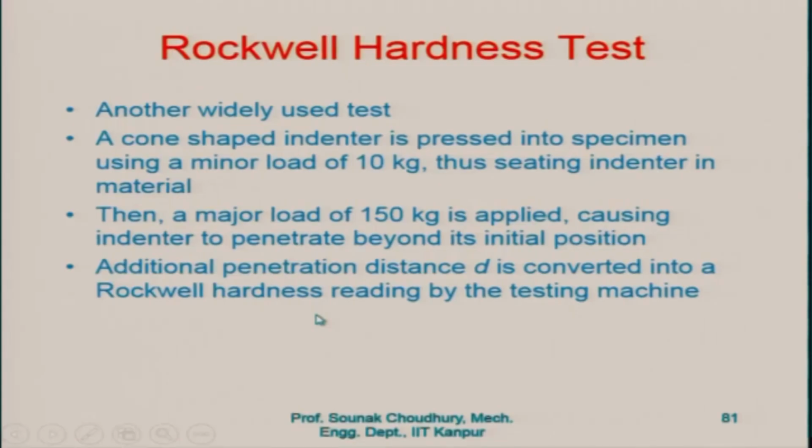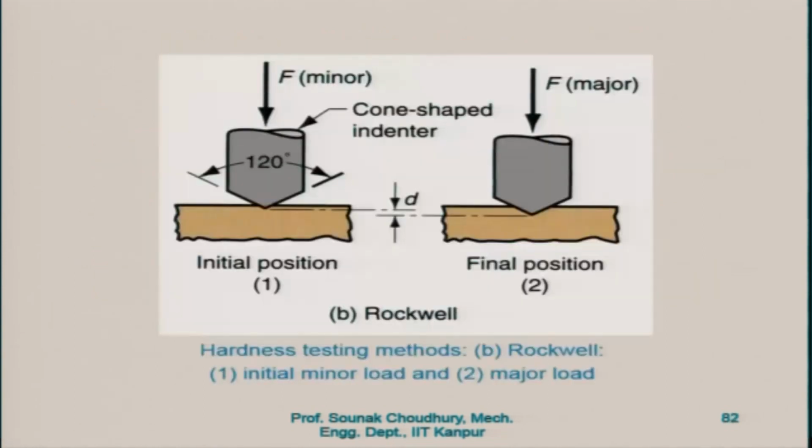Then 150 kilogram of additional weight is applied, so that the cone shaped indenter penetrates the material deeper, and that value is used by the testing machine to find out the Rockwell hardness reading. And as you understand, the Rockwell hardness will be different from the Brinell hardness, because the methods of measuring these two hardnesses are different.